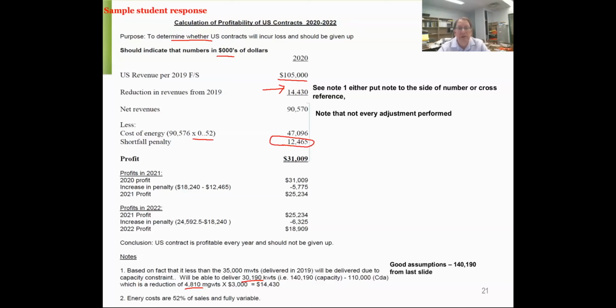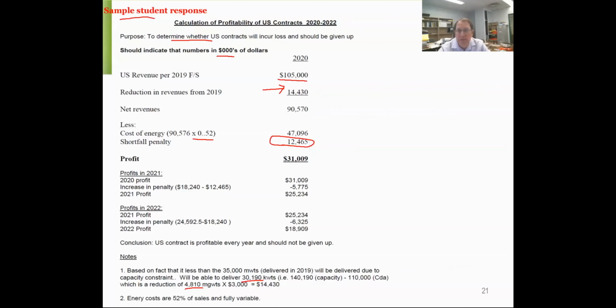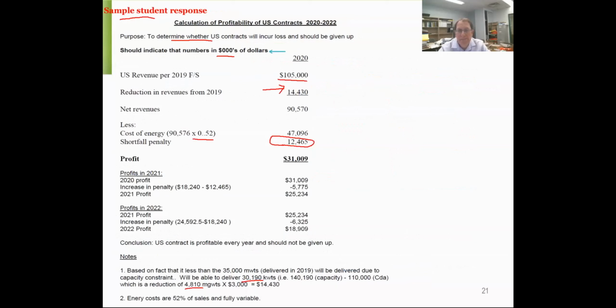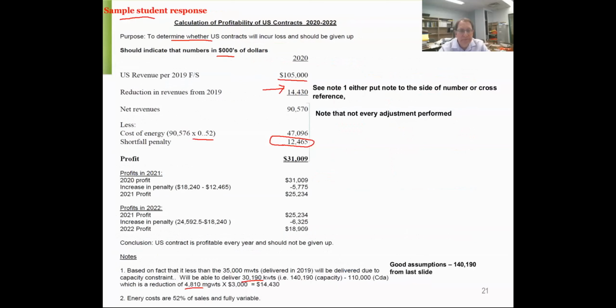I am missing stuff, but I put in the shortfall penalty, 12,465. You want to see this? Go back to the previous slide. Here you go, 12,465. Okay. So my profit, I'm still making money. I'm still making money.